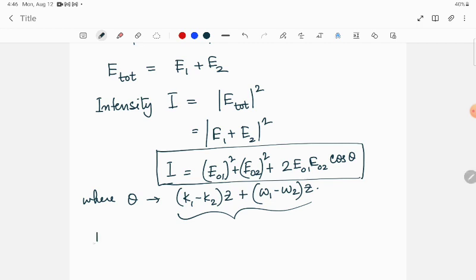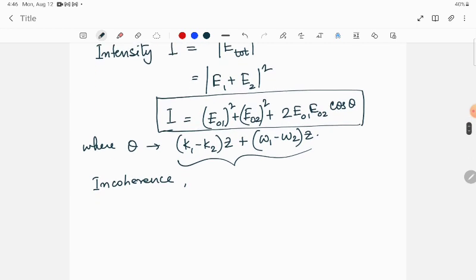So for incoherence, the way we call it, theta changes and there is no constant phase relation. Practically you are averaging over the whole cycle. All values of theta can happen, so cos theta can take any value from -1 to +1.